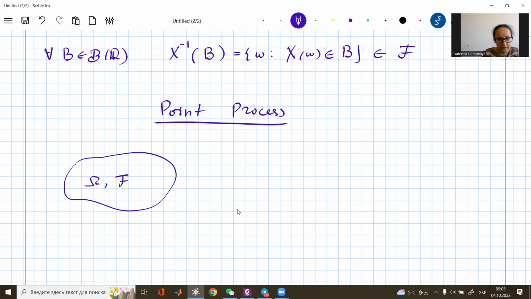So we have the same probability space on one side, and we want, for each omega, to put into correspondence some random subset.